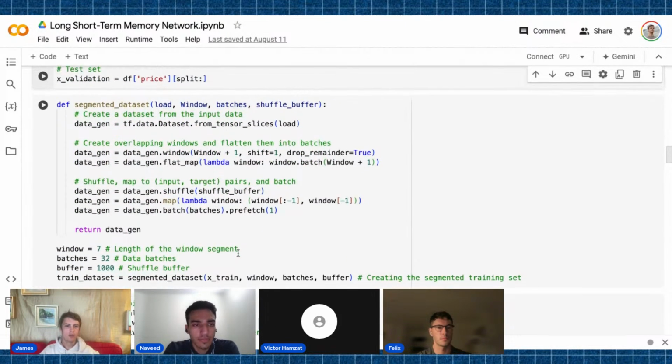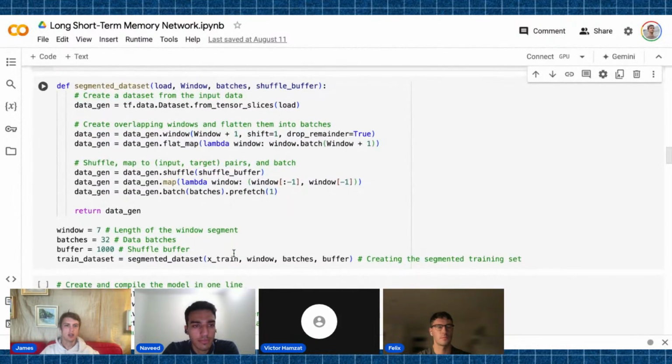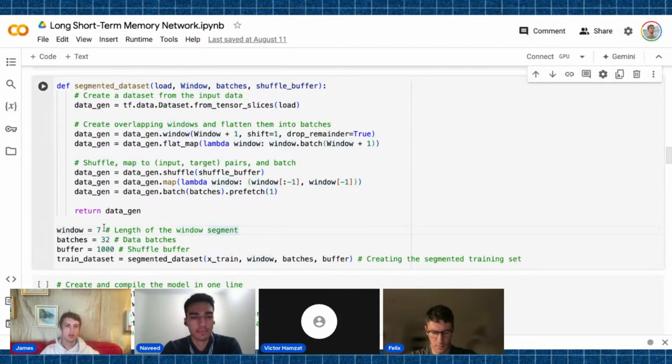For this training section, I think Naveed understands better how this part works, but basically we want to train the model on 7 sequential items at a time in order to predict the next one. So given the Bitcoin price of every day in the past week, predict what the price of Bitcoin will be tomorrow.